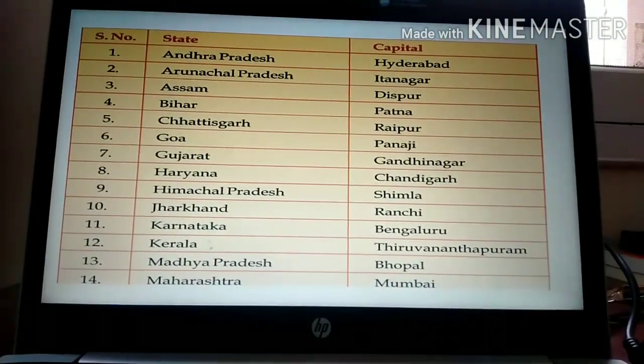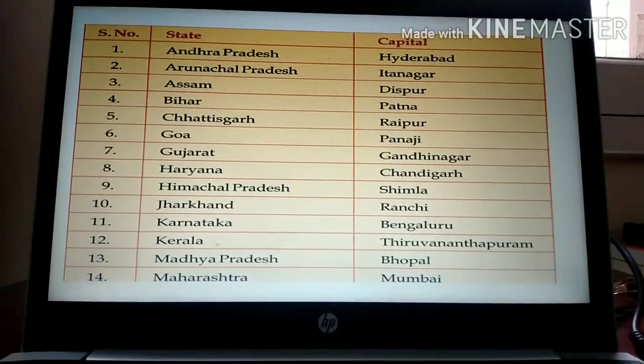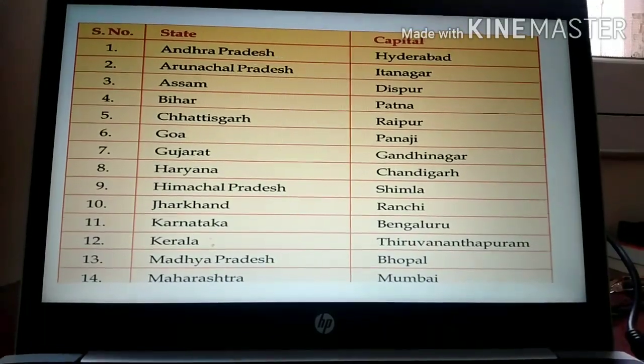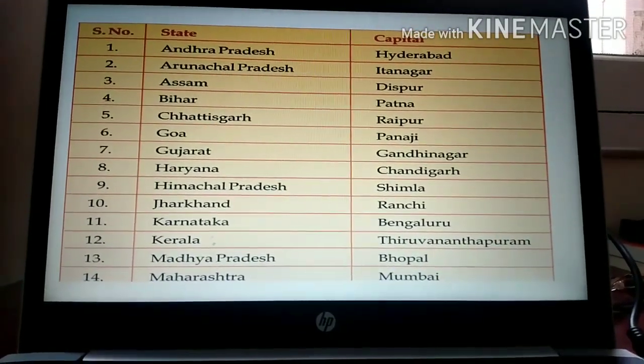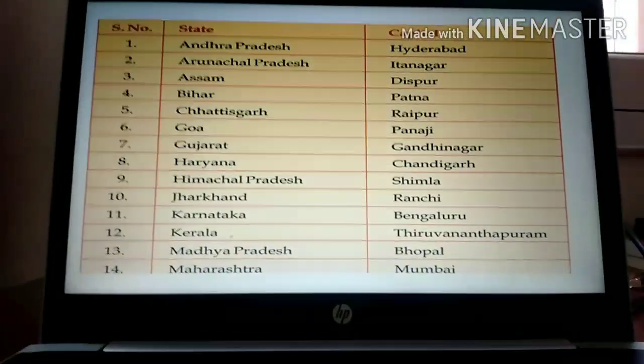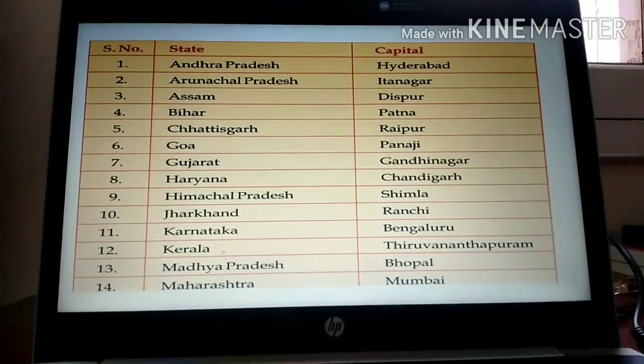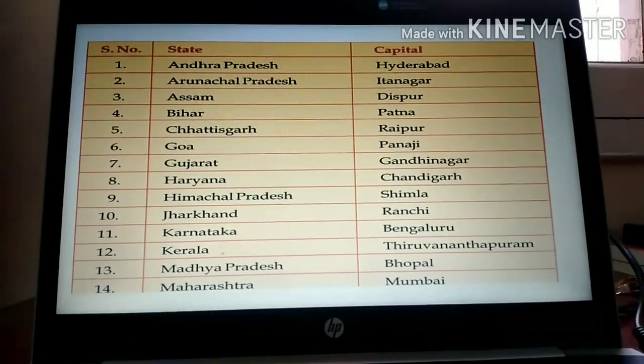First, Andhra Pradesh, and the capital of Andhra Pradesh is Hyderabad. Next comes Arunachal Pradesh. The capital is Itanagar. Assam, Dispur. Bihar, Patna. Chhattisgarh, Raipur. Goa, Panaji. Gujarat, Gandhinagar. Haryana, Chandigarh.